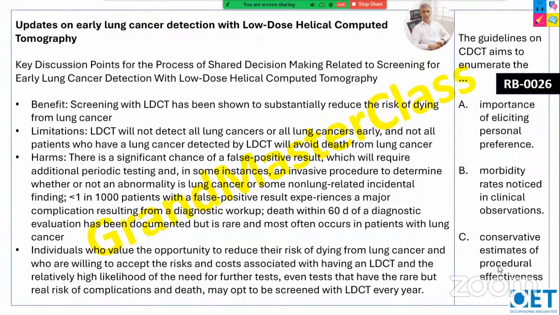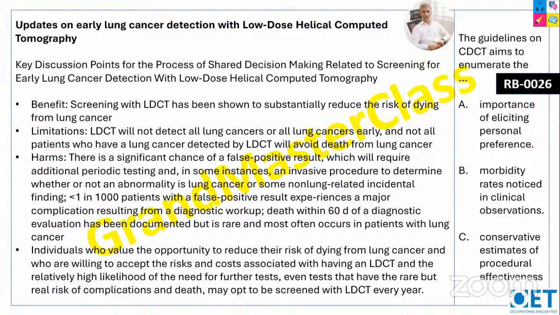So this is the effectiveness. How effective is it? It is not 100% effective. It may be 98%, 97%, 95%, or maybe 90% effective. That is the effectiveness of the procedure.